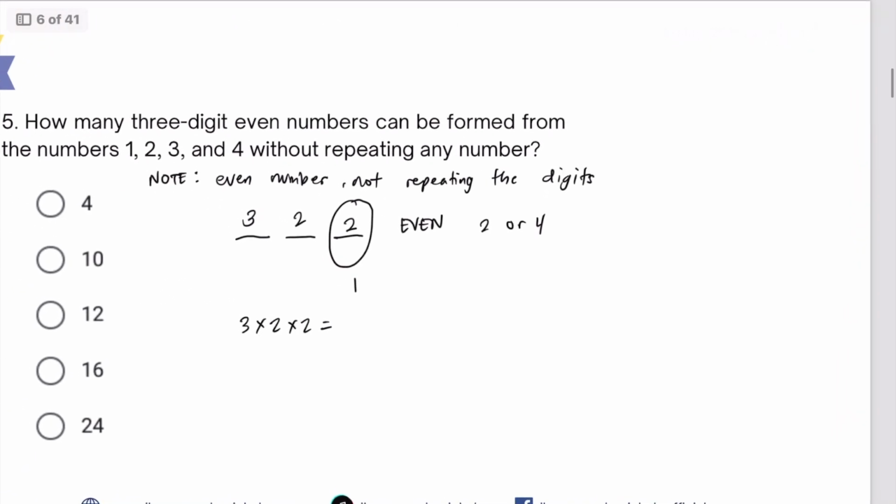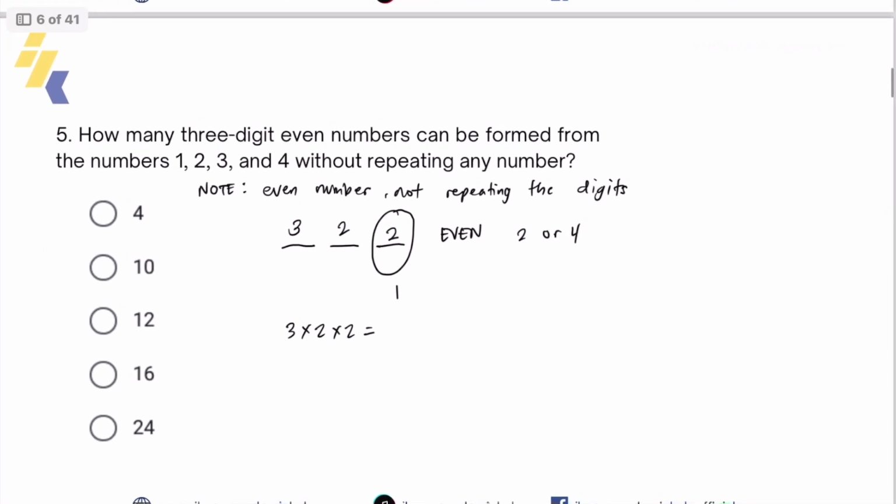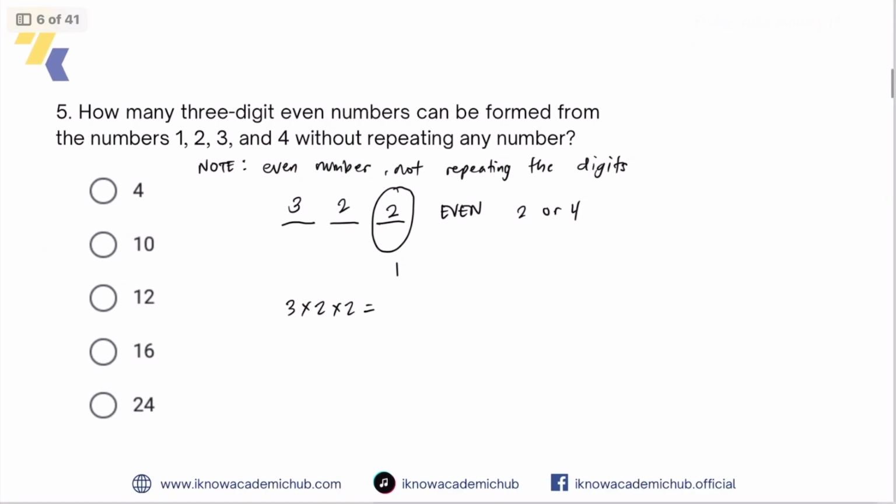So 3 times 2 times 2, that's 12. 12 possible 3-digit even numbers without repeating any number. Okay, so this is the correct answer.